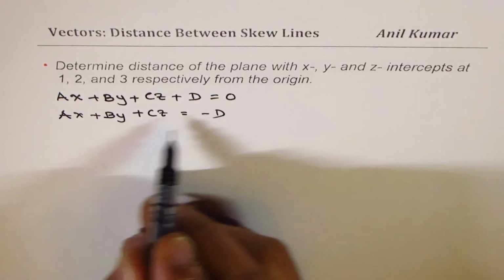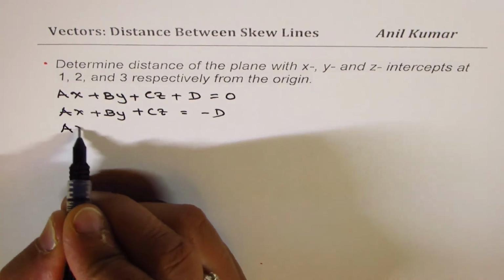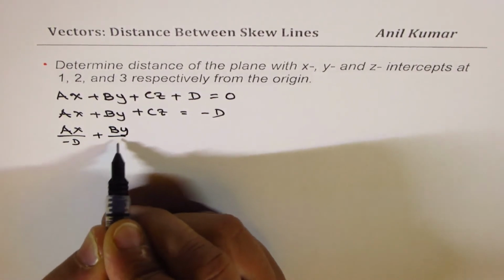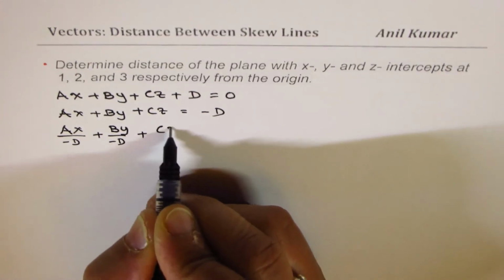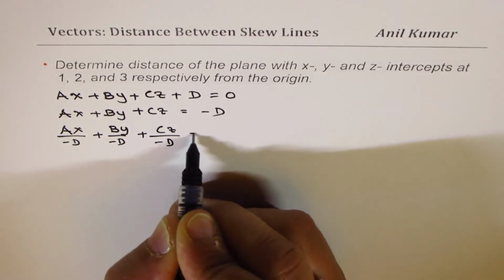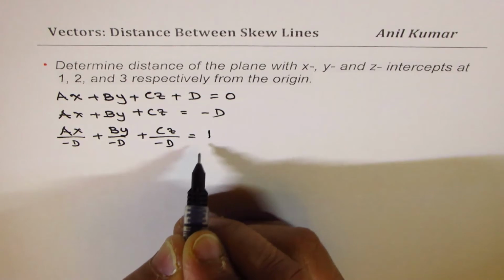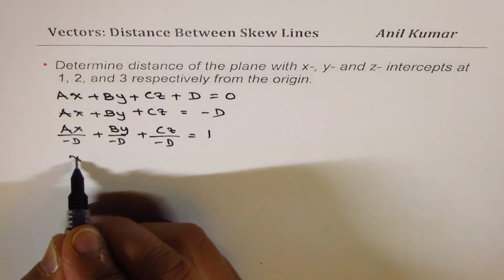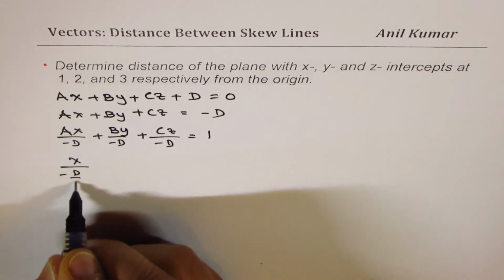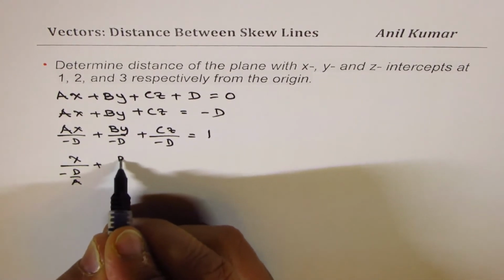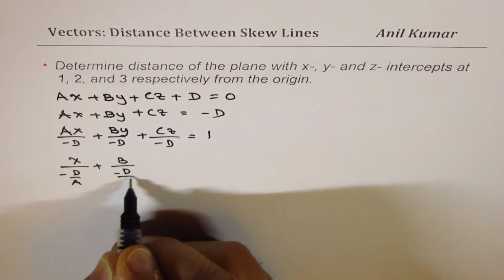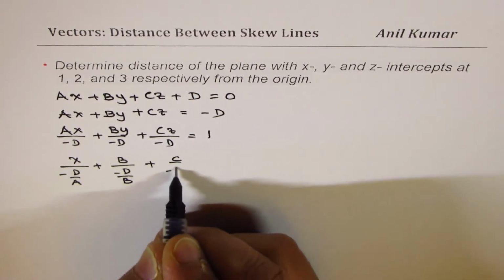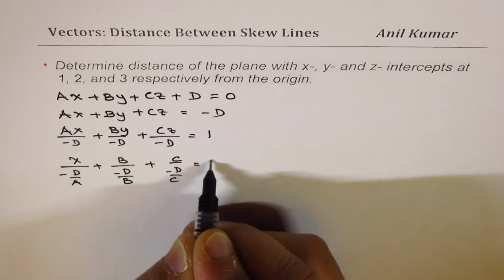Now if I divide by minus d, I get ax over minus d plus by over minus d plus cz over minus d equals 1, minus d divided by minus d. And that could be written as x over minus d over a plus y over minus d over b plus z over minus d over c, right, equals 1.